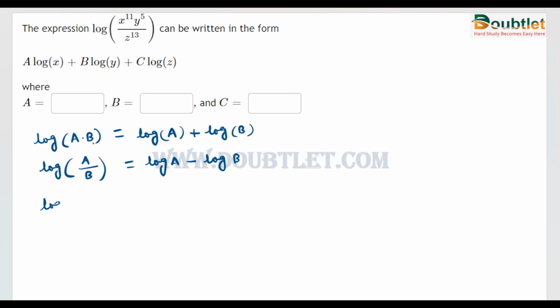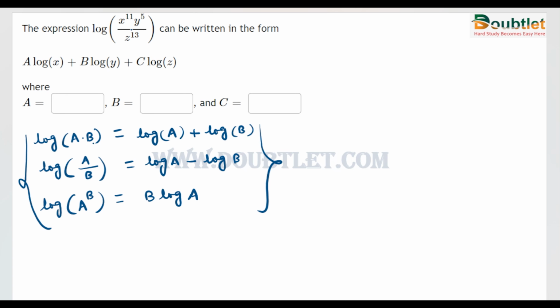And if there is a power, that is, a to the power b is present inside the function, then b will be moved to the start, so we can write this as b log a. So these three properties we will use to solve this question.